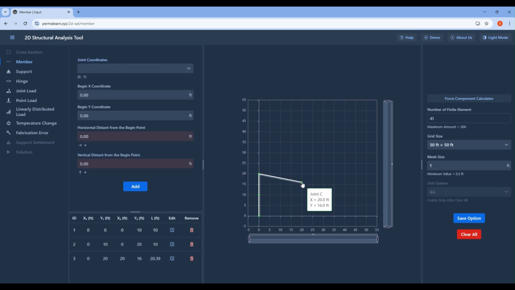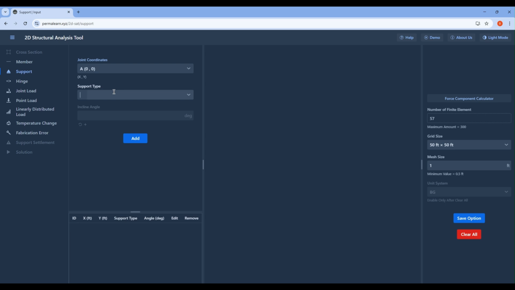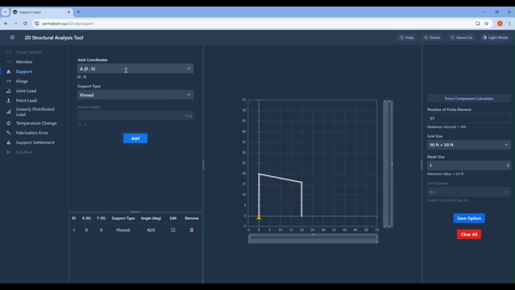And from point C here, it's going down 16. And now let's add the support. At A, we have pin. At D, we also have pin.